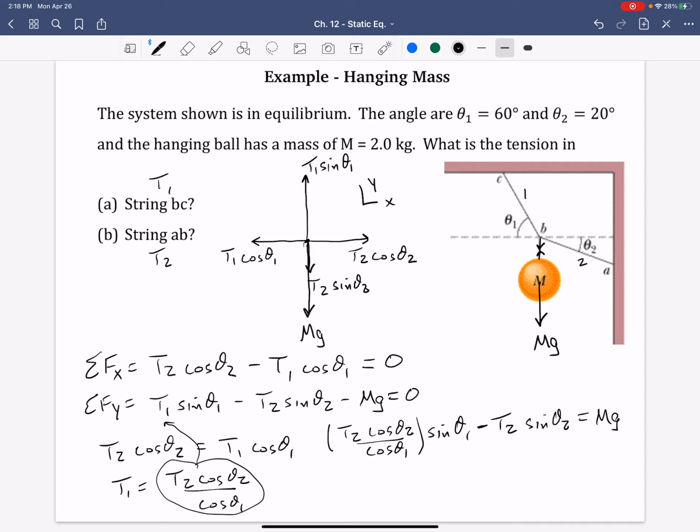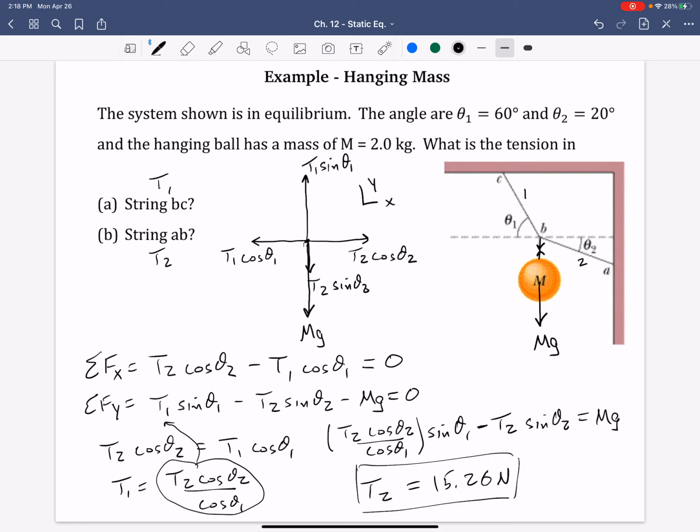And now we have one equation and one unknown, and that's tension 2, T2. If you rearrange and plug in the values, tension for string 2 should give you 15.3 or 26 newtons. So that should be your answer for one of them.